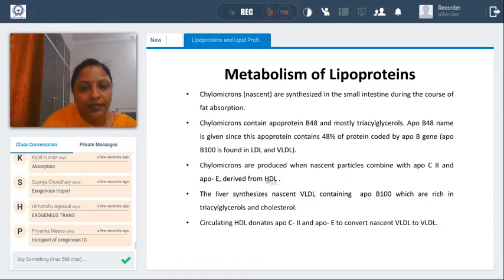So you can see here HDL gives ApoC2 and ApoE to nascent chylomicron, and circulating HDL also donates ApoC2 and ApoE to convert nascent VLDL to VLDL.